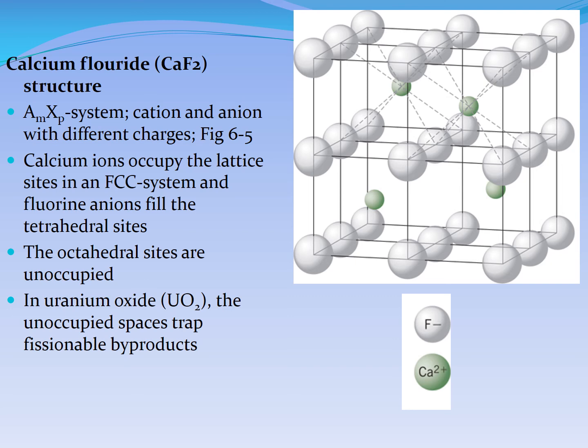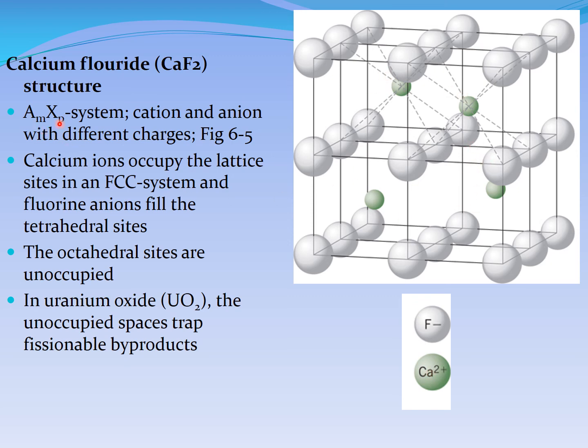So overall, if you see the fluoride, it is still FCC, right? Corner atoms and face atoms, right? Corner atoms and face atoms. But the tetrahedral, the calcium is the tetrahedral.